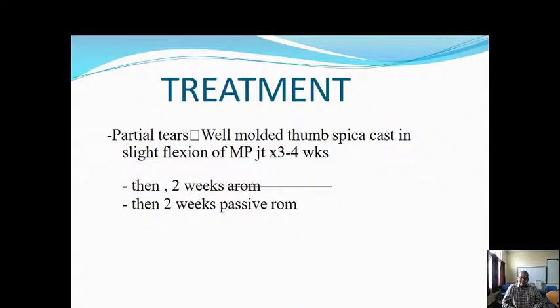What we do is, if it's a partial tear, we give a thumb spica cast in slight flexion of the metacarpophalangeal joint for 3 weeks, and then after 3 to 4 weeks we discontinue the thumb spica cast and go for active range of motion, and after 2 weeks passive range of motion.